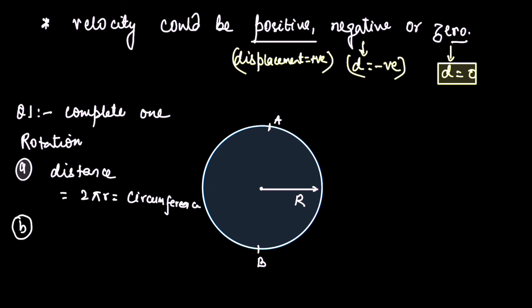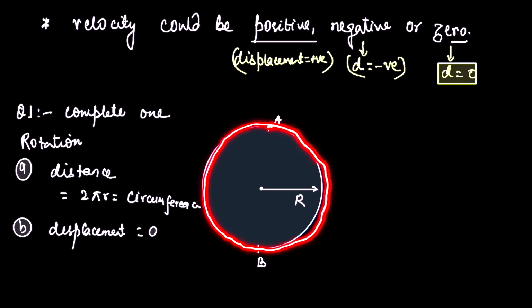In the B part, if we have to find the displacement, it will be 0. Why it is 0? Because when the body comes back after completing one rotation, its initial and final position is same. Means initially it was at point A and finally at point A. So there is no change in the position. So that's why displacement is 0.